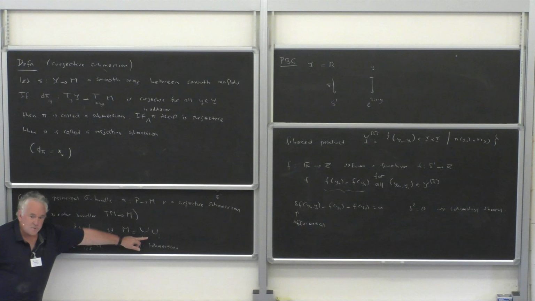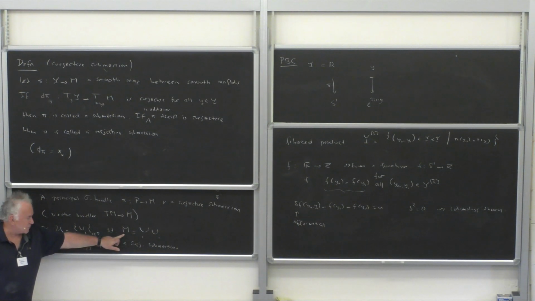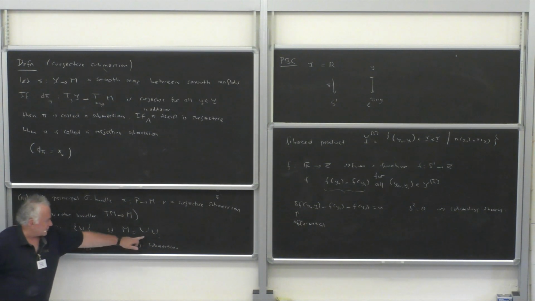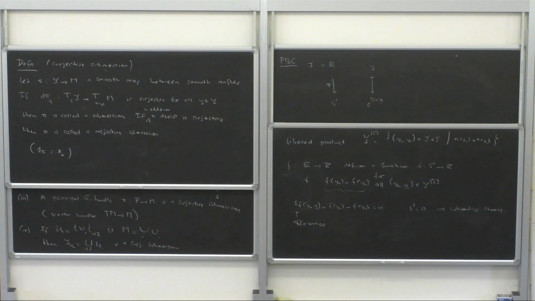If the open sets don't cover M, then there's still a submersion, but of course to be surjective you have to cover the whole set M.